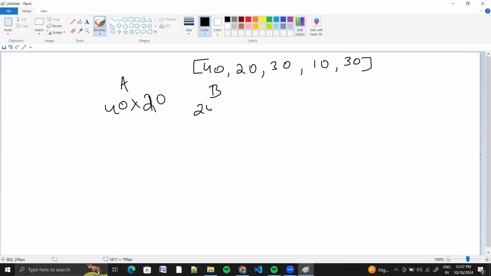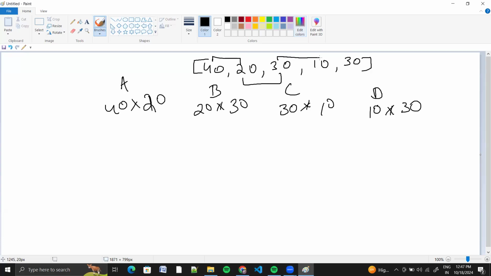B is of 20 into 30, C is of 30 into 10, D is of 10 into 30. So basically it's like this: A, and then we have B, then we have C, then we have D. So that's how it is.